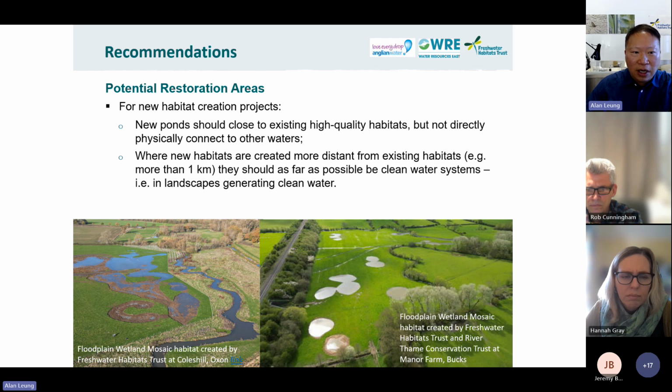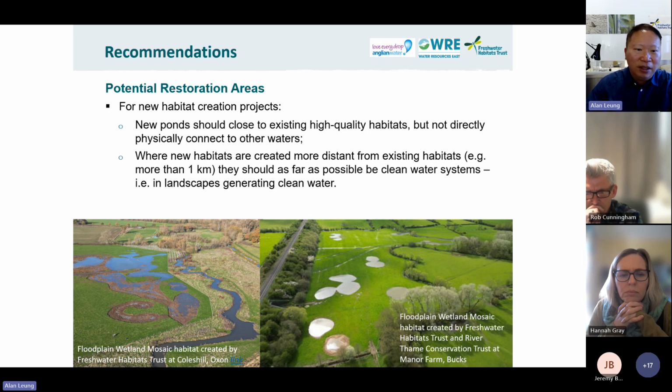When we create those habitats, we have built a lot of experience and make some suggestions for pond creation as well. For example, we do not want the adjacent water body to be polluted, so that the polluted water may enter the newly created pond.